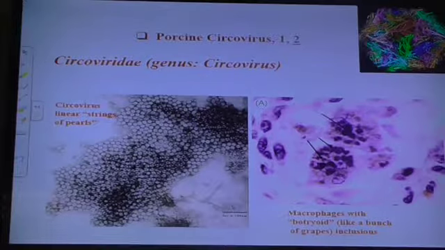But also under light microscopy, what you find is the presence of inclusion bodies, several inclusion bodies in macrophages. And these are called botryoid inclusions. It refers to the form in which those inclusion bodies are present.